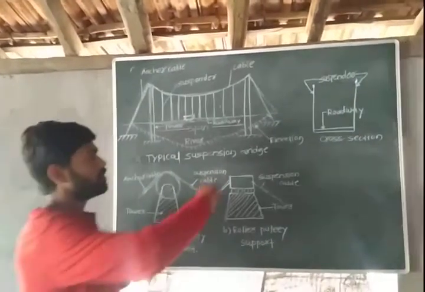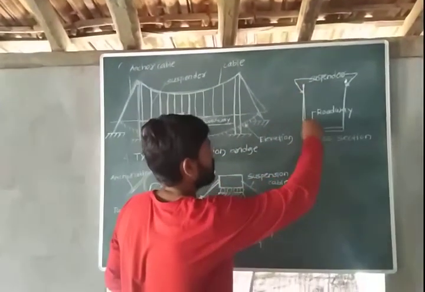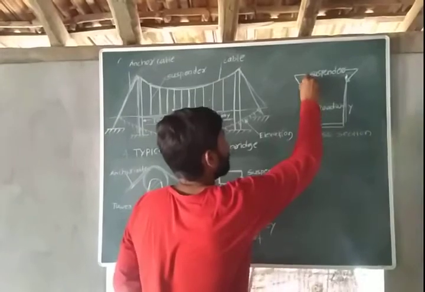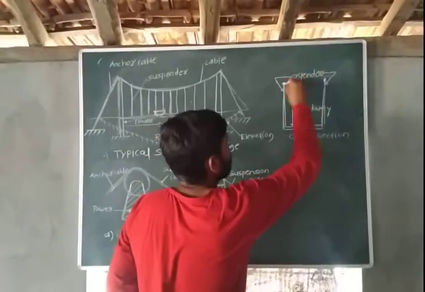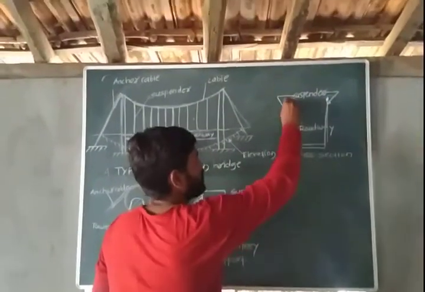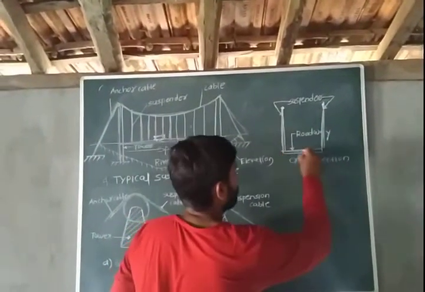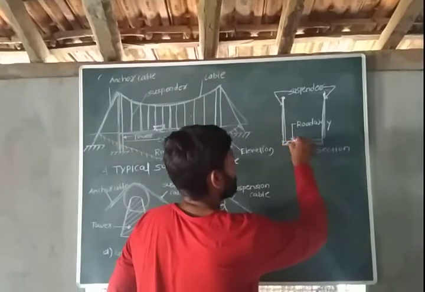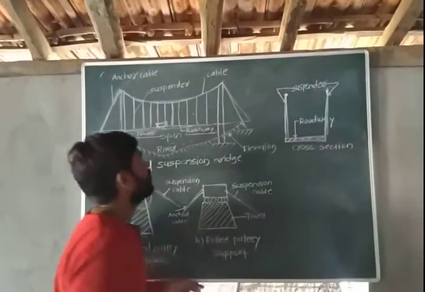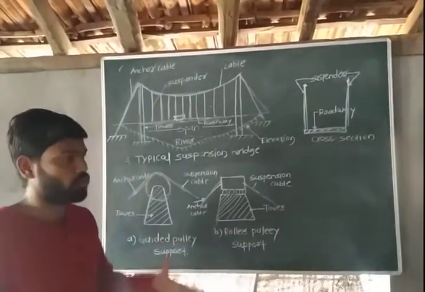Now see here the cross section of suspension bridge is given, where these are two main suspension cables. These are the suspenders connected, and this is your main carriageway or roadway, the main actual road.